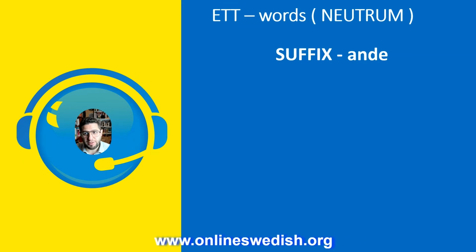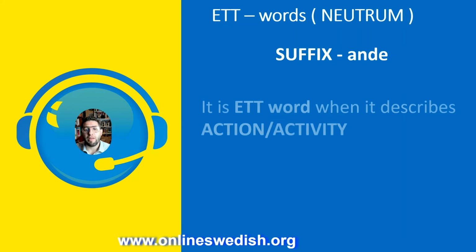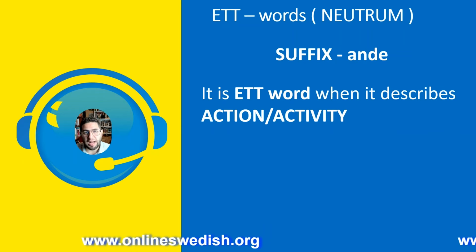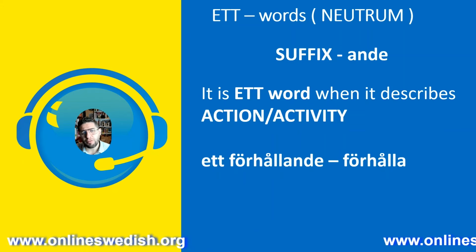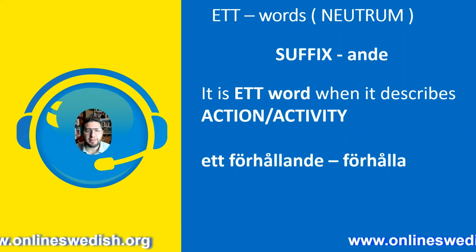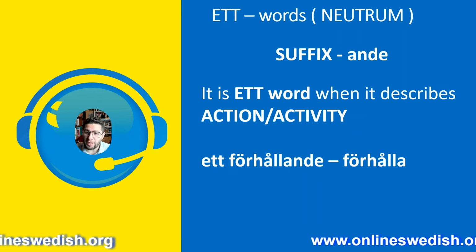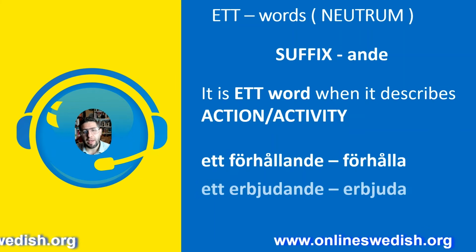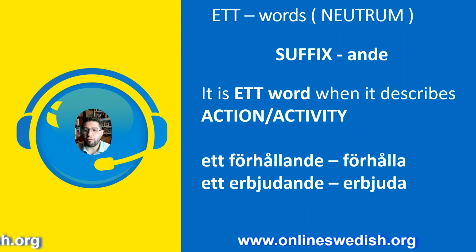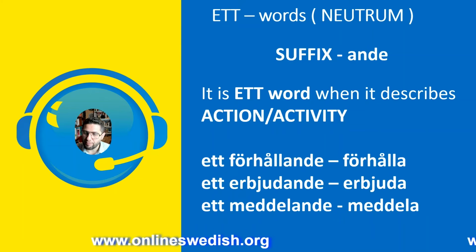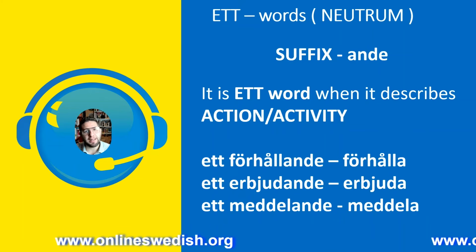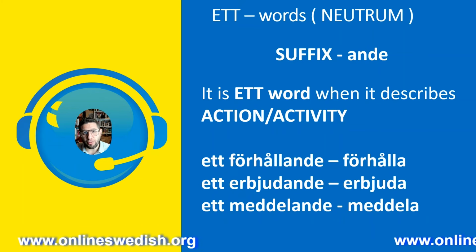And then we have ett-words, suffix ande when it describes actions, as we said, and activities. So, ett förhållande, it's a relation, while förhålla is to relate. Ett erbjudande, an offer, and erbjuda is to offer, right? Ett meddelande, that's a famous popular word, and meddela. Meddela, to inform, and meddelande is a message or information.